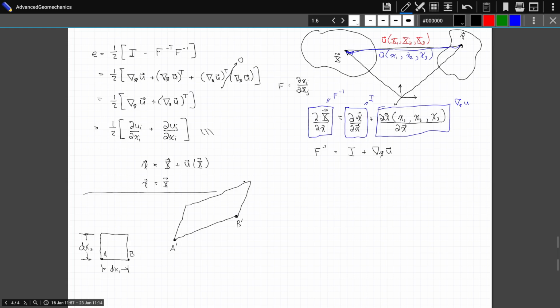And so then if we start to look, our original cube was like here. And so this distance here, we'll call U1.